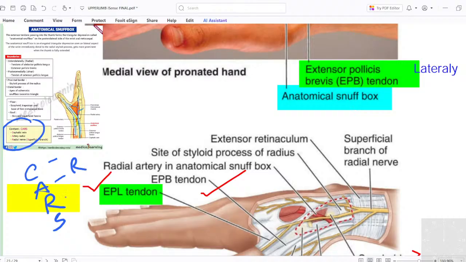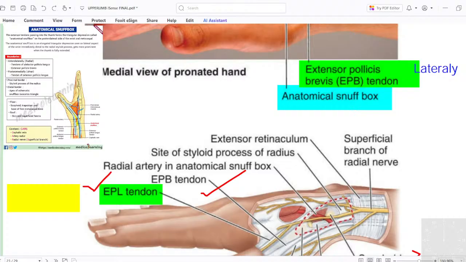R for radial nerve, which branch? Superficial branch. So, cephalic vein, radial artery, and radial nerve. Isn't S for scaphoid? That is bone. Bone will not come as a content.